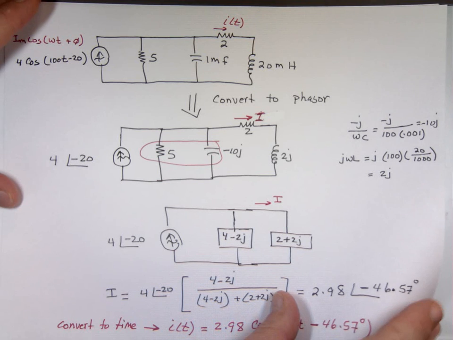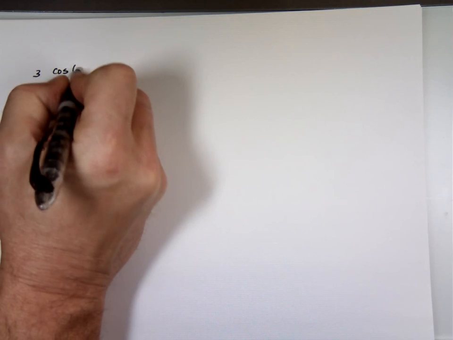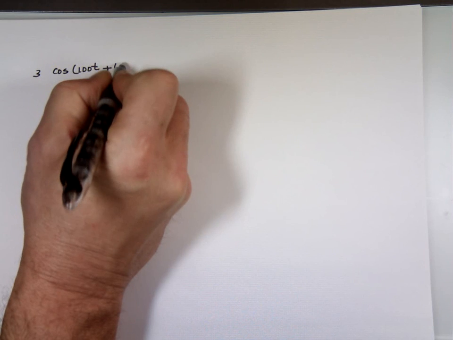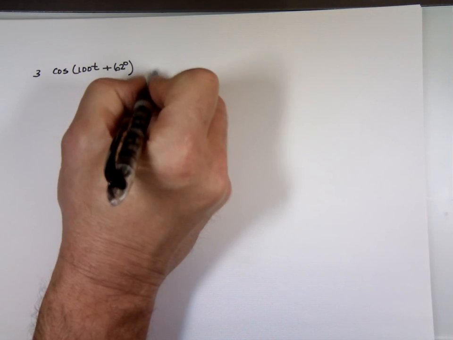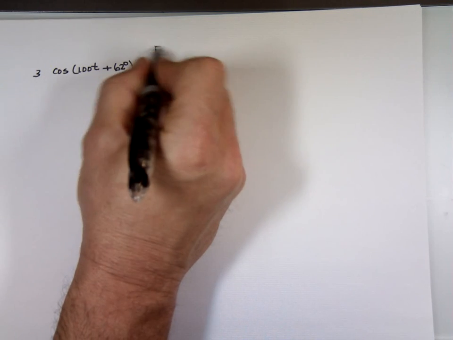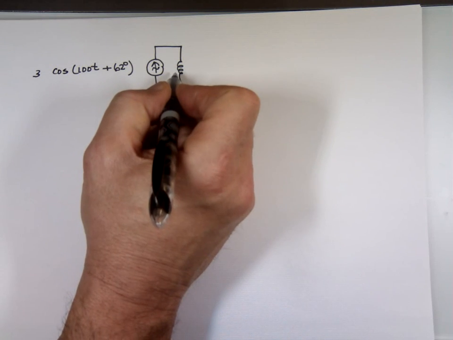Ready for another one? Here's another one. Let me write the values first. 3 cosine (100t) plus 62 degrees. That's my source. It happens to be a current source, going through an inductor of 10 millihenry, so instead I'll write 0.01 henry.